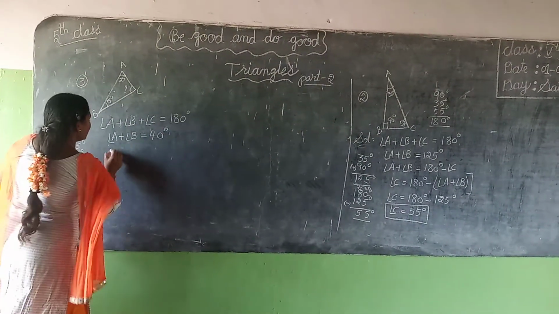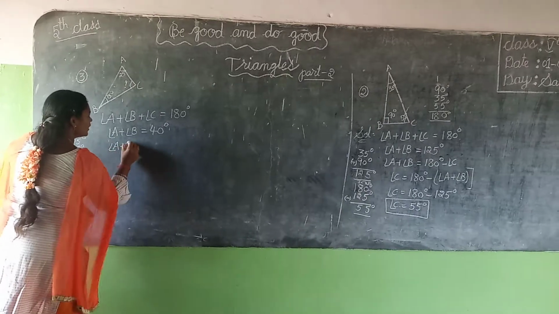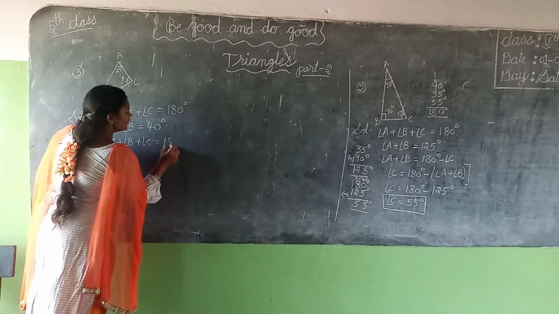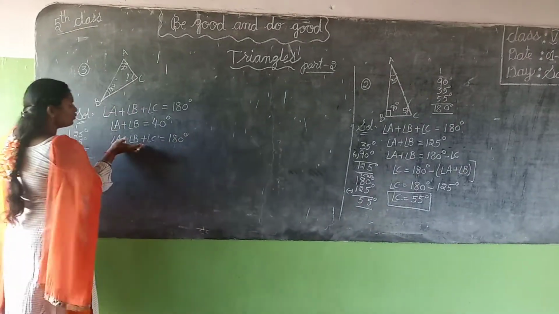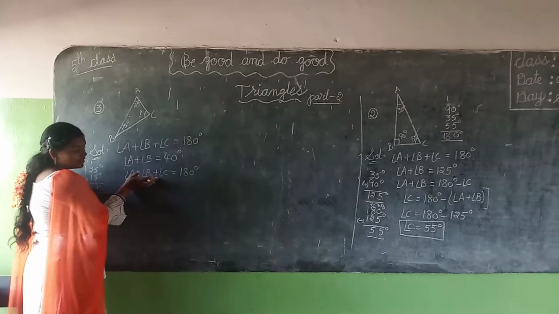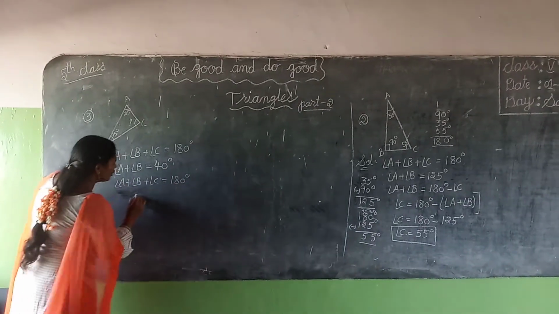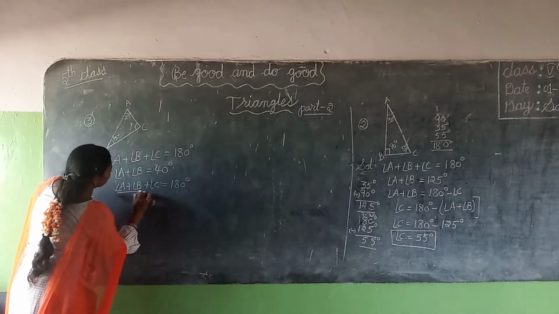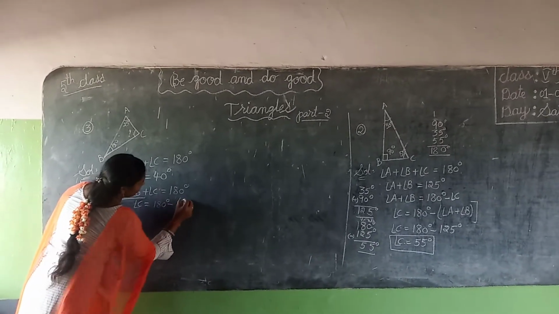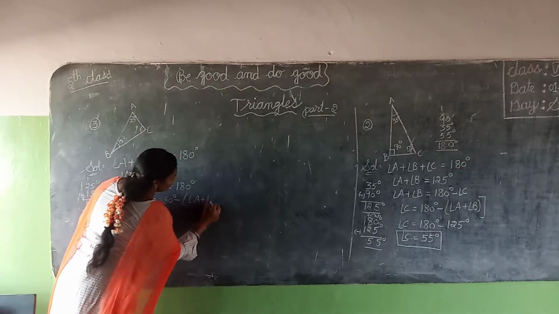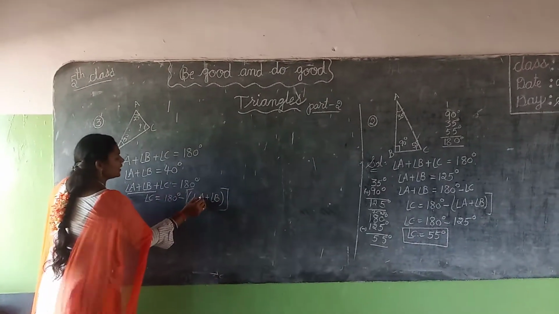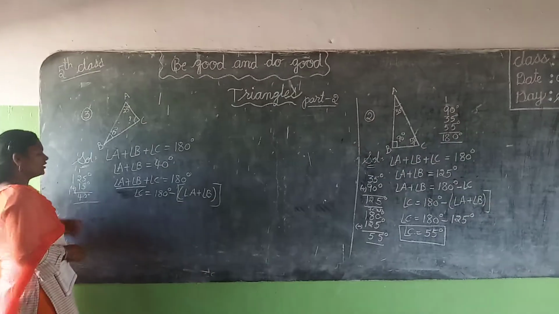So angle A plus angle B plus angle C is equal to 180 degrees. The two angles A and B are in addition on the left side, and when they go to the other side of the equal sign, it becomes subtraction. Okay? So angle C is equal to 180 degrees minus angle A plus angle B. How much is angle A and angle B addition? 40 degrees.